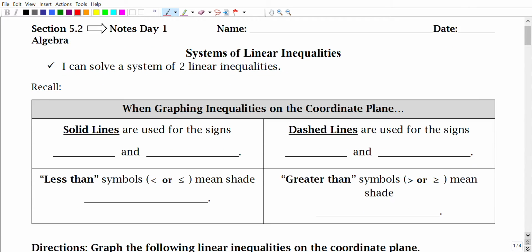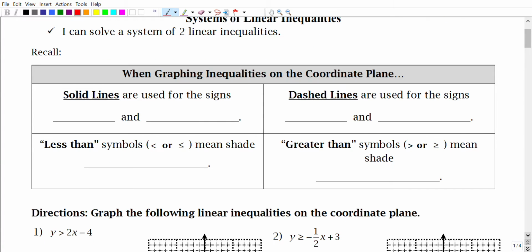Just before we get started, let's recap a little of what we know about inequalities. This is material from Chapter 4. When graphing inequalities on the coordinate plane, solid lines are used for the signs less than or equal to and greater than or equal to.